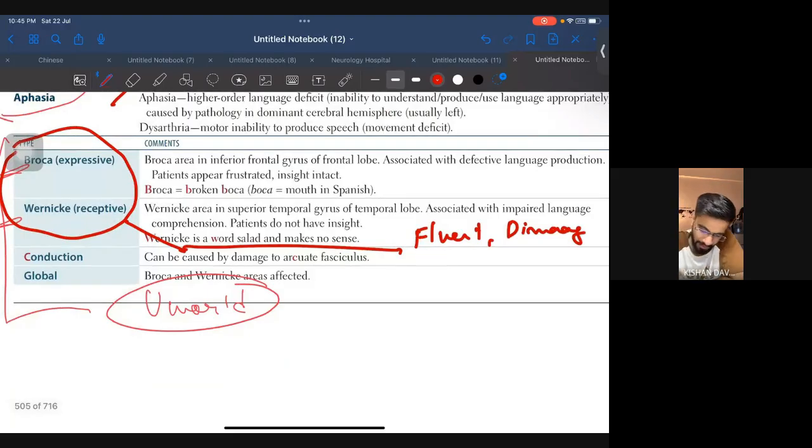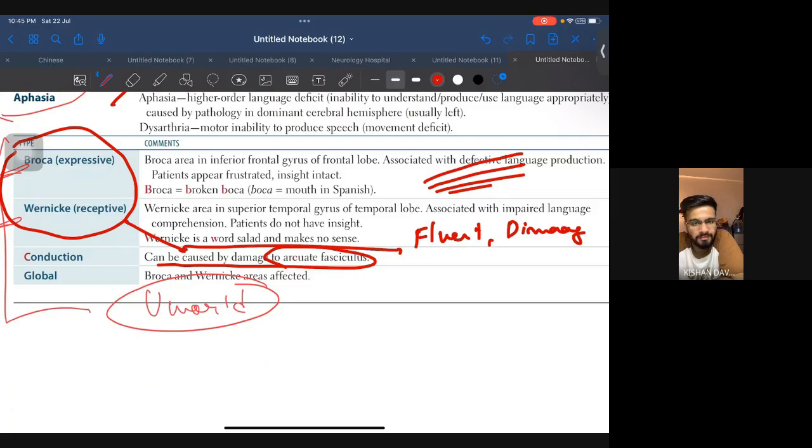Now conduction aphasia can be caused by damage to the arcuate fasciculus. When you saw the cerebral cortex diagram, there was one part known as the arcuate fasciculus. If they ask you about a defect in the arcuate fasciculus, your answer will be conduction, and in global aphasia both are affected.